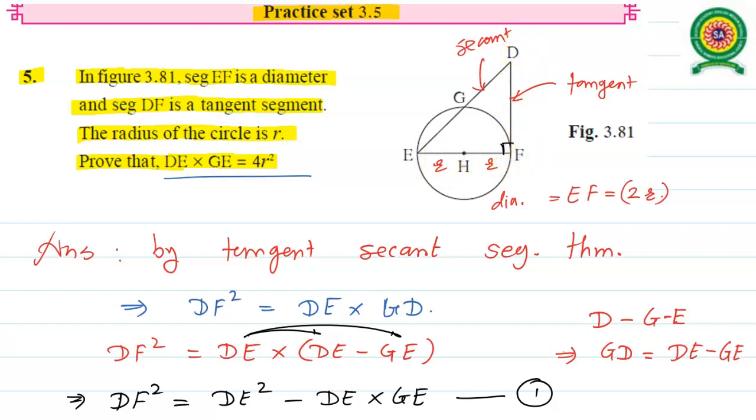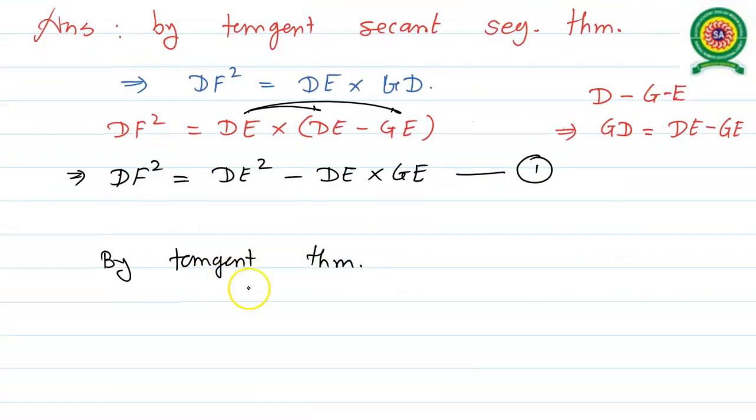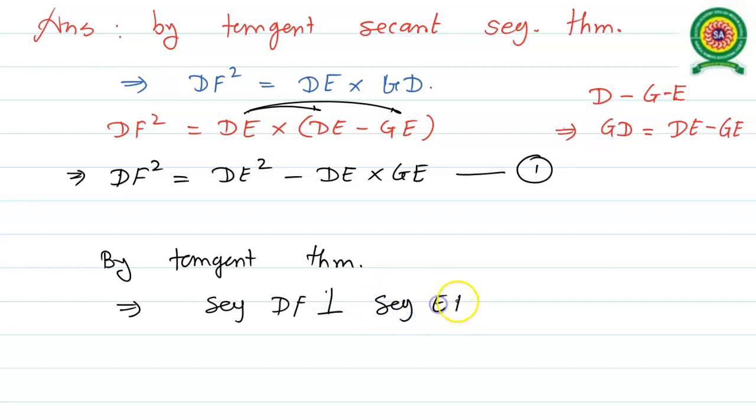That means DF is perpendicular to EF. So that implies segment DF is perpendicular to the diameter of the circle, that is segment EF.